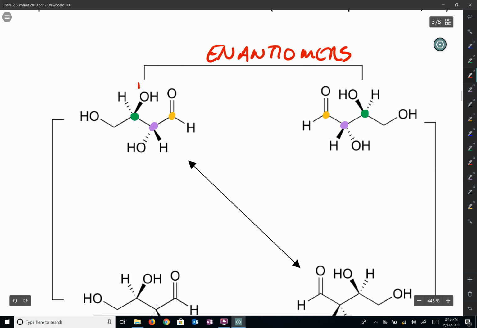So I'm going to assign priority 1 to that OH group. I'm looking at the green carbon, so I'm assigning priority to assign chirality. So I'm assigning 1 to the hydroxyl group, 2 to here, 3 to there, and then my hydrogen is 4 pointing away. Let me just zoom in here on this.